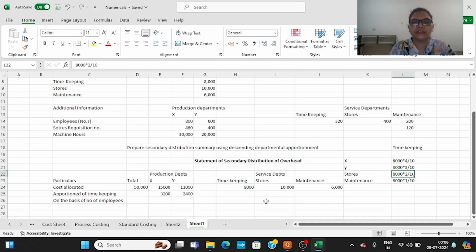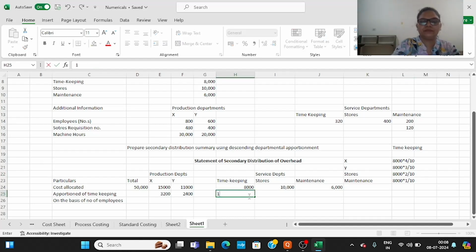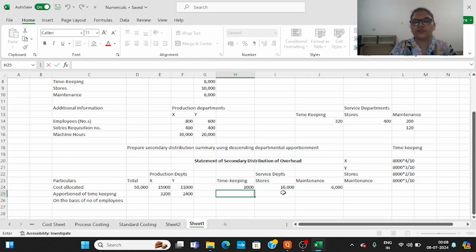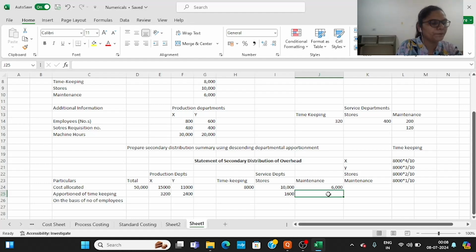For stores, it is 1,600. For maintenance, it is 800.